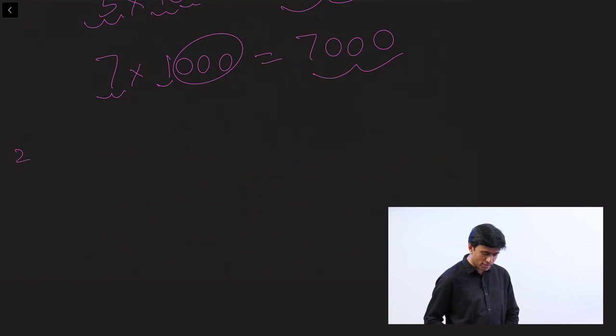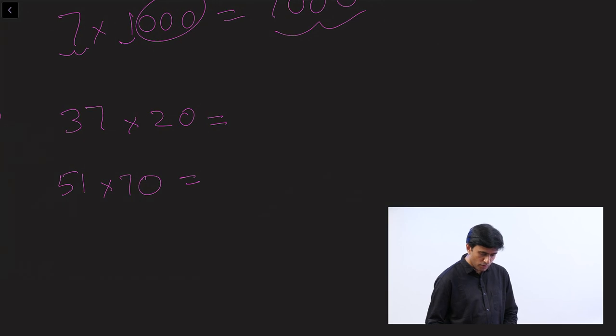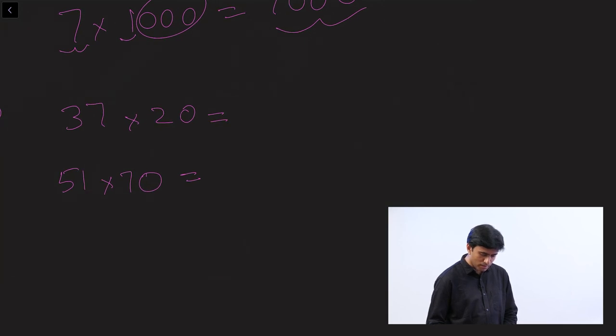Let's look at the next shortcut. If you have to multiply 37 into 20 or 51 into 70, this is how you can do it. You can multiply 37 into 2 into 10.